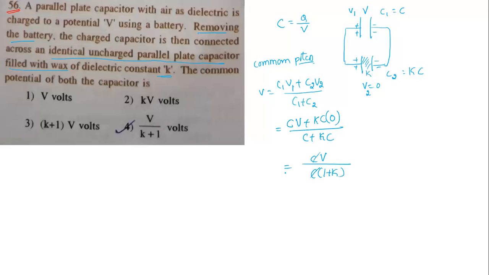Okay, the common potential will become V by 1 plus K. That is the value of the common potential between the capacitors. Which option is correct? The fourth option is correct.